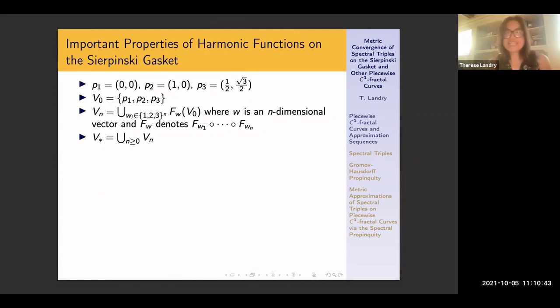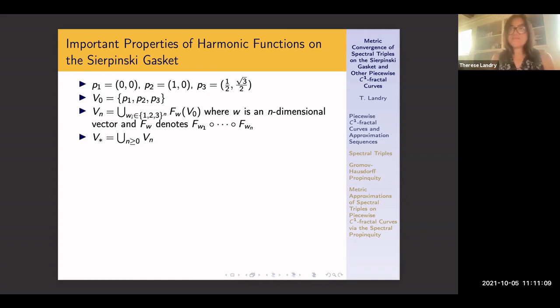Okay, so to give an idea of the subject of analysis on fractals, I'm going to give an overview of the theory of harmonic functions on the Sierpinski gasket. So harmonic functions on the Sierpinski gasket are used in the construction of the harmonic gasket fractal, which we saw in the previous slide, as I discussed, some ways in which they fundamentally differ.